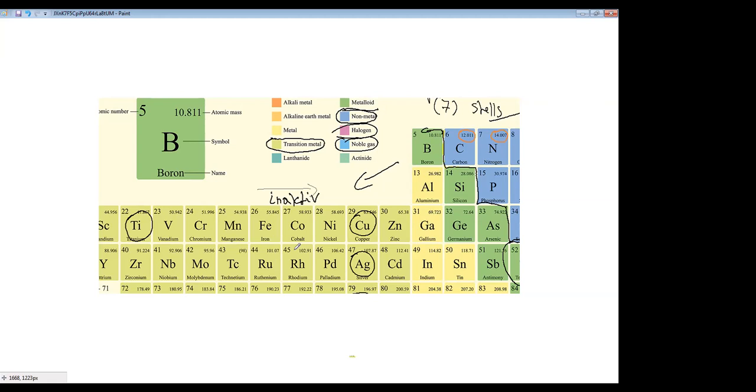It is because the elements, when we go down, can easily release an electron. Because all the metals release electrons, they give electrons to the non-metals in order to complete the outer shell.